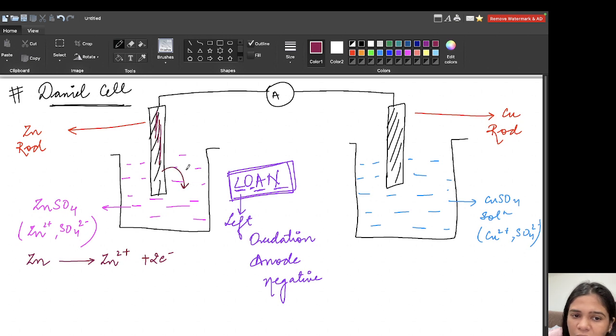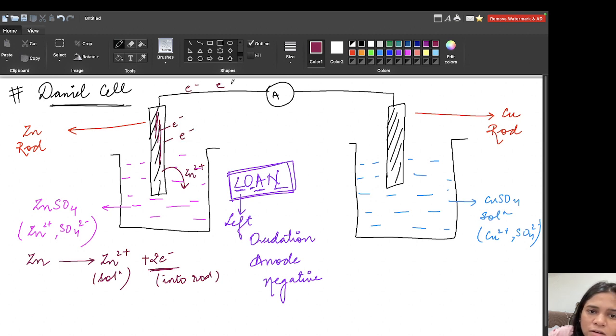Zinc ions are coming into the solution, and these 2 electrons are coming into the rod. The electrons are coming in the rod. And these electrons are traveling from here through the ammeter to the right hand side.